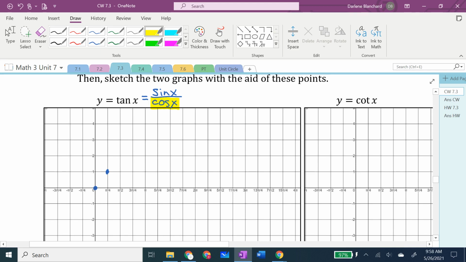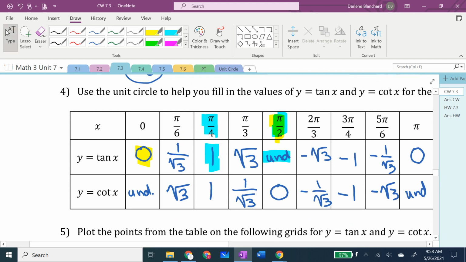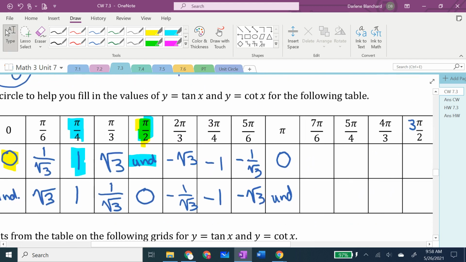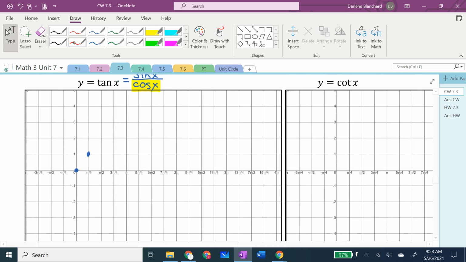Cosine is 0 at pi over 2 and 3 pi over 2. Those are the places where my tangent is undefined, but it's undefined because it has a vertical asymptote. So I'm going to draw a vertical asymptote at pi over 2.